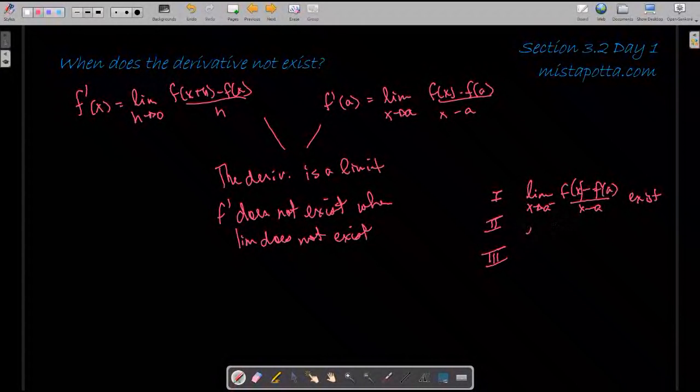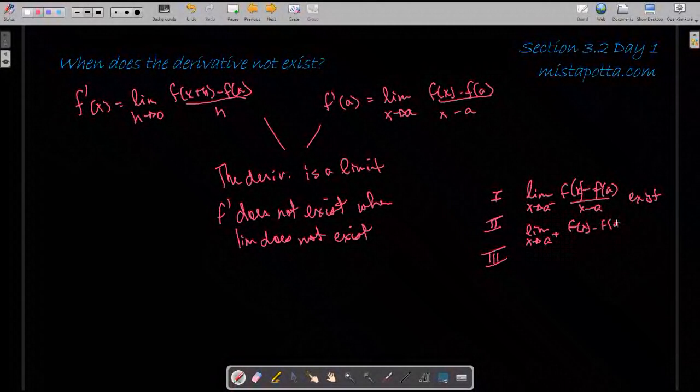And the limit as x approaches a from the right side of f of x minus f of a over x minus a has to exist.